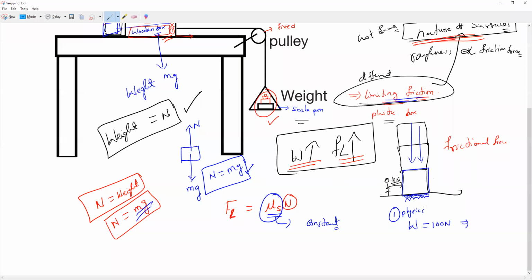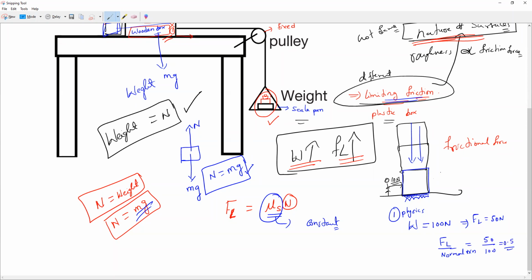Then the limiting friction I got is, for example, 50 newtons. Let me find the ratio: limiting friction divided by normal reaction. 50 divided by 100 is 0.5. Am I right, guys?